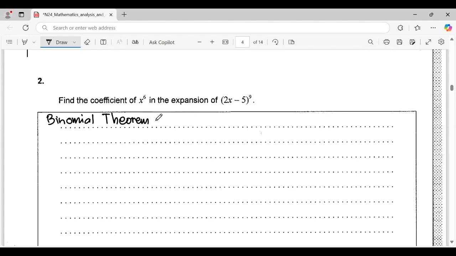It says that (a plus b) power n equals the sum from k equals 0 to n of n choose k, a power n minus k times b power k.